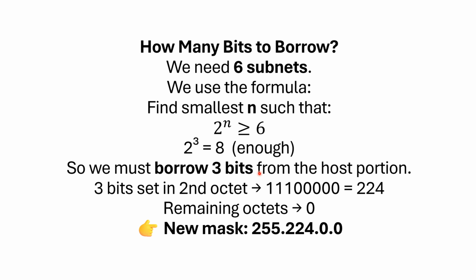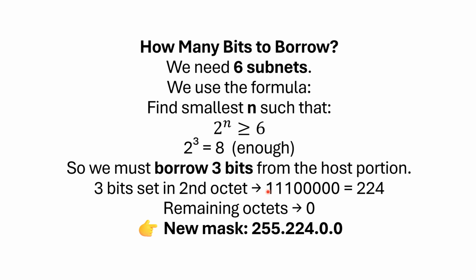Now the second octet of the class A mask is 224 because we add 3 ones. We borrow 3 bits from here and add the 3 ones to the mask of class A, and it became 255.224.